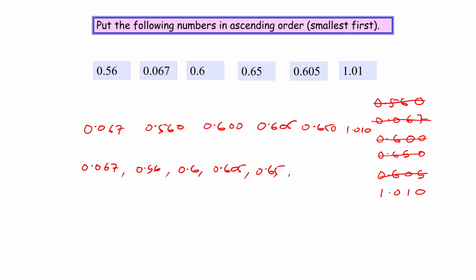And our largest number, 1.01. We don't need the 0. So what I want you to do now is to hit pause, copy this one as an example. Once you're done, hit play, and we'll move on.